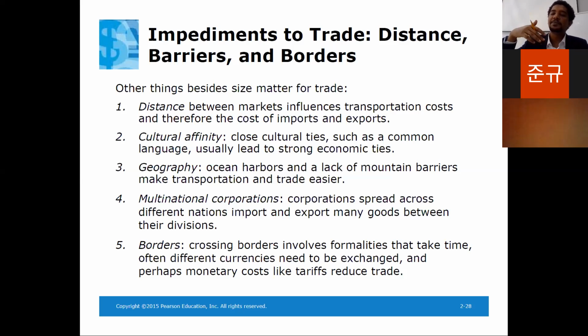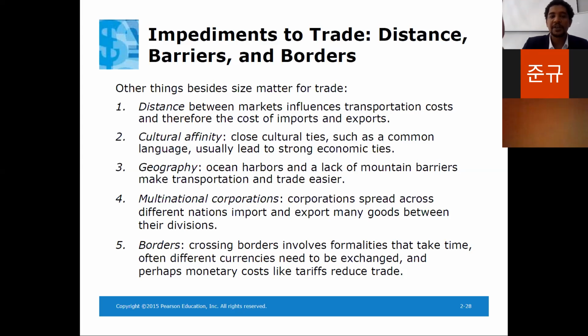When a country is very far away, for example, it's easier for South Korea to export its products to nearby countries, for example, to Japan or to the Philippines, than exporting its products to Europe or Africa, right?